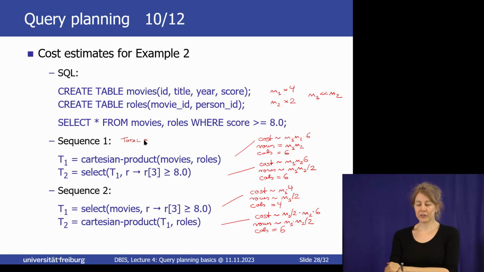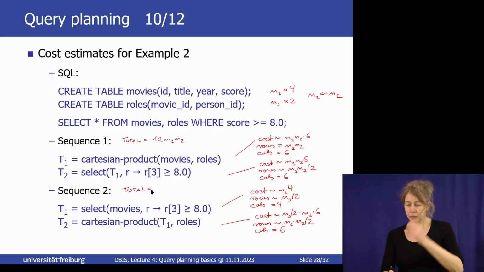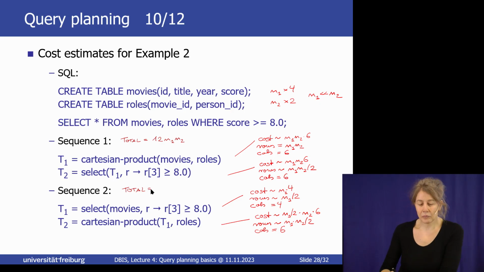It's just the sums of the costs of the individual operations. Yeah, it's 12 times N1, N2, right? What's the total here? So that's 3 times N1, N2, right? Plus 4 times N1.